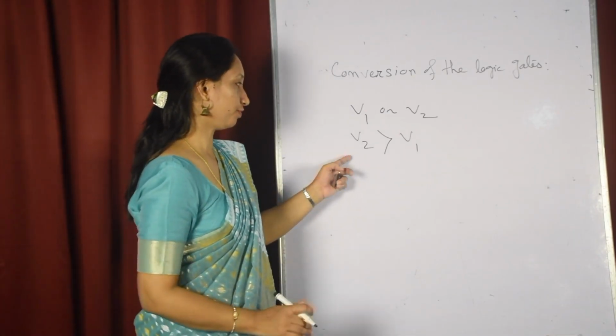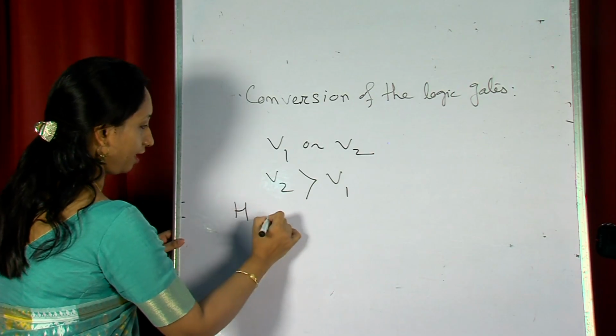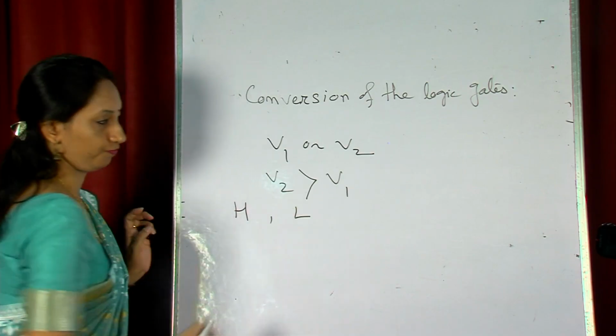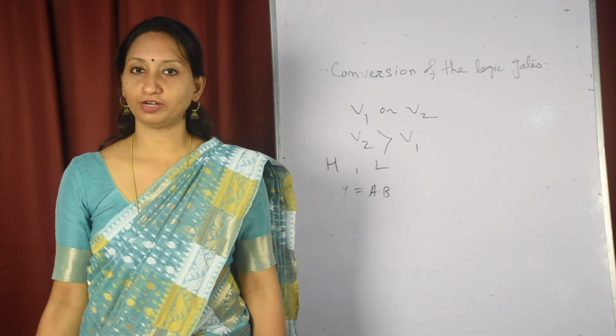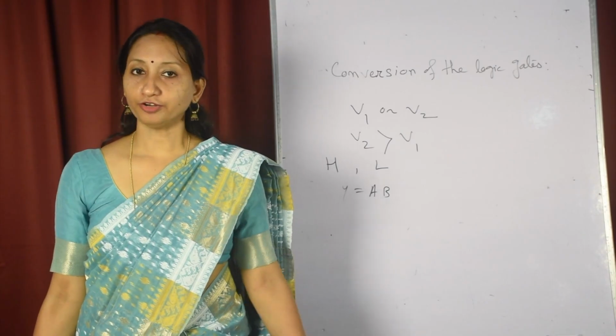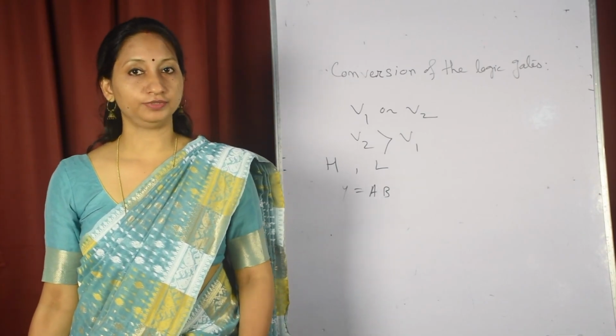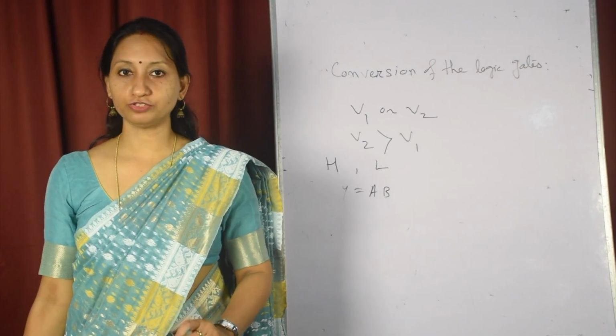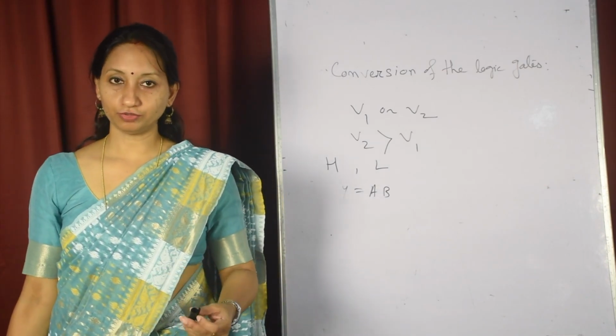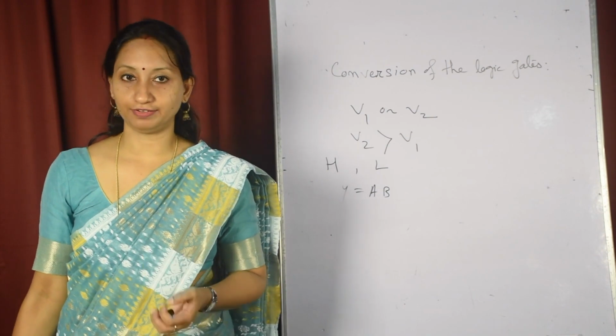Which is greater we represent as high and the other as low. Now let us take an example of a 2-input, 1-output gate. In order to determine the function of this gate, we must assign logic values to our voltage levels.